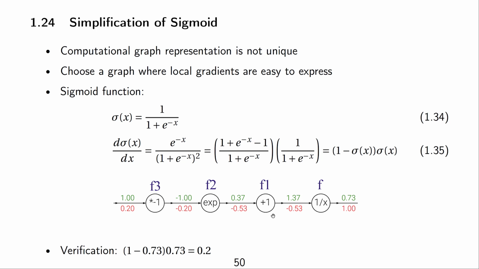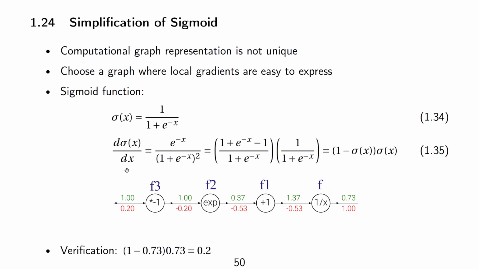Should we have computational nodes that correspond to something like a +1 and then e to the power of, or should we have a computational node that just has the sigmoid function as one single node? And the answer is that we need to choose nodes that are not too complicated so that the local gradients are easy to express.